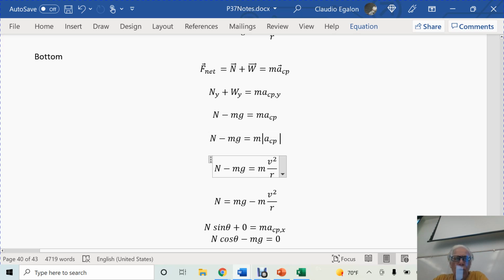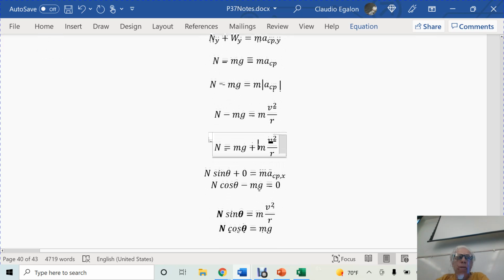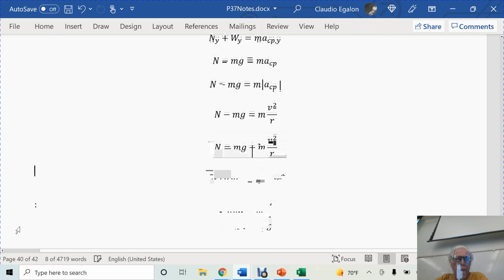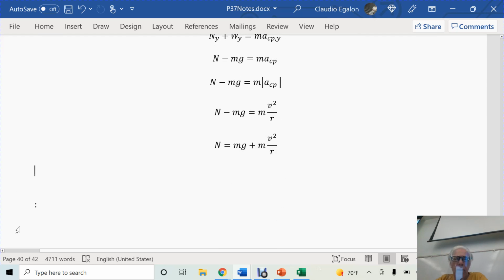Solve for n, and what you get is something more than your regular weight: mg plus mv squared over r.